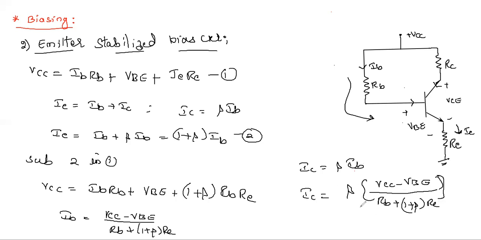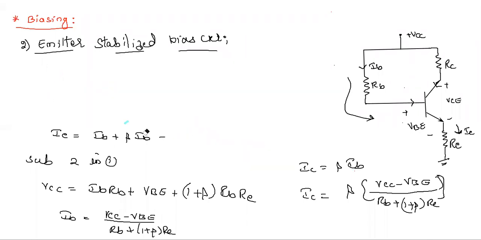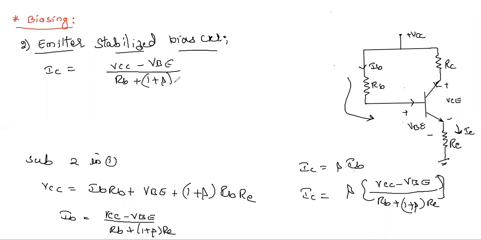Now we will manipulate a little bit, so that I can write IC is equal to VCC minus VBE divided by RB plus 1 plus beta into RE, whole divided by beta.